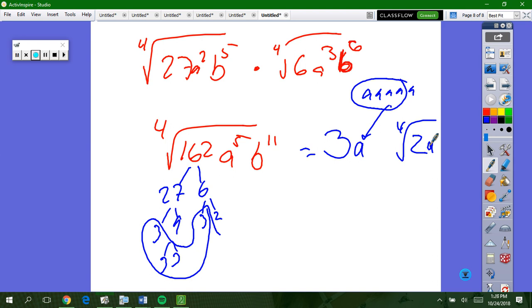So I have A squared times A cubed. Does that make sense? Now, how many times can 4 go into 11? Twice with 3 remainder.